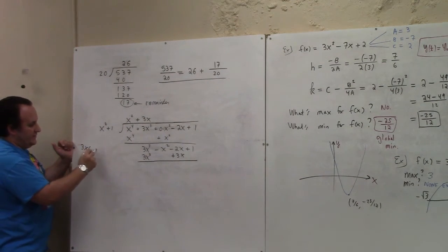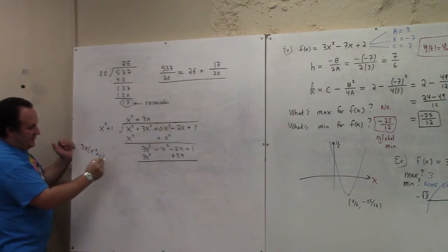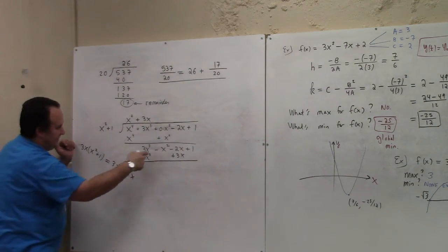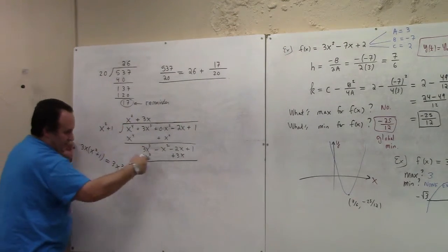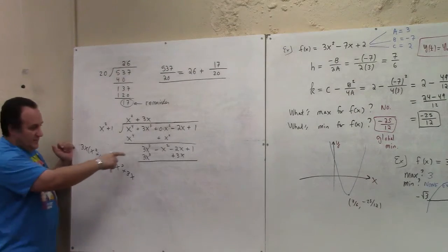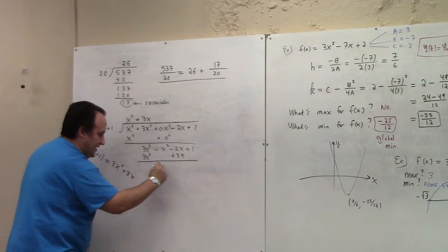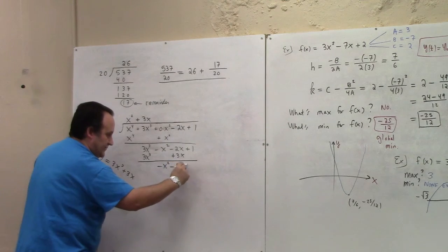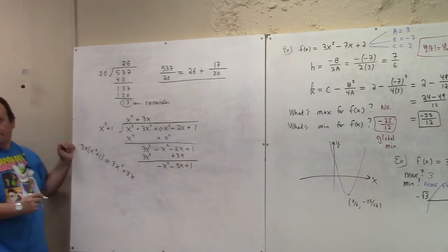3x times x squared, what I just did here is multiply this out, right? That's 3x cubed plus 3x. That's why I wrote that down here, right? I'm actually multiplying this times that and putting it here, matching up the corresponding powers, right? 3x squared canceled. I get minus x squared minus 5x, right? Plus 1, right?